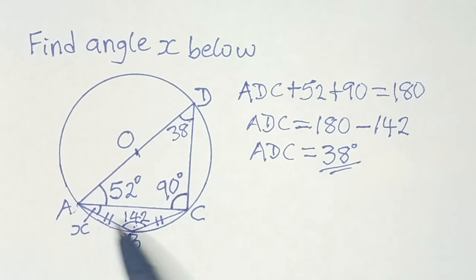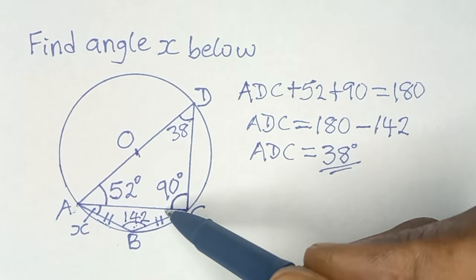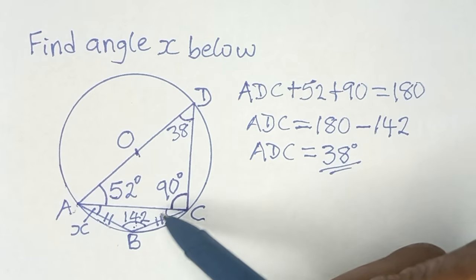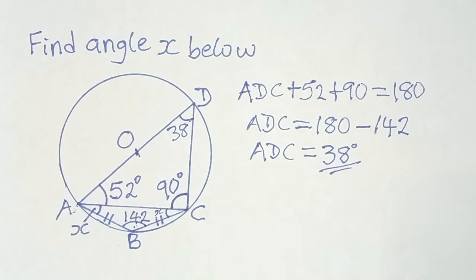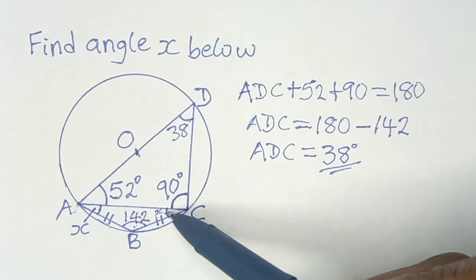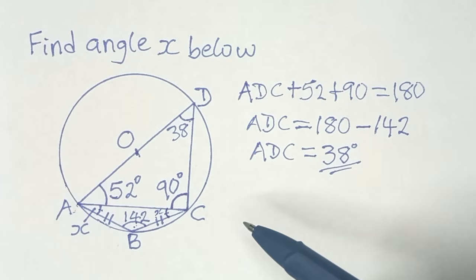So triangle ABC is an isosceles triangle because two sides are equal. This side BC is equal to this side AB. So that tells us that the base angles of an isosceles triangle are equal. So if this is x, this angle is also x, because the base angles of an isosceles triangle are equal.